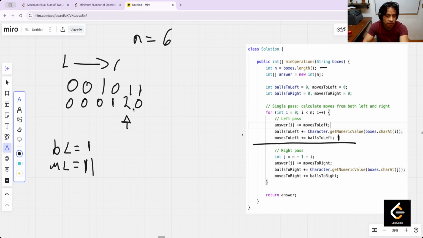This is updated by 2 because it's 1 and 2. Now all bolts to the left increase by 1 because here appears another, and it is 2 plus equal 2, it's equal 4. Okay. And now move to the next.